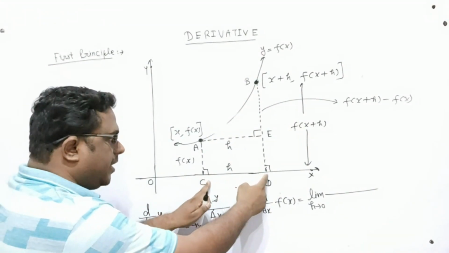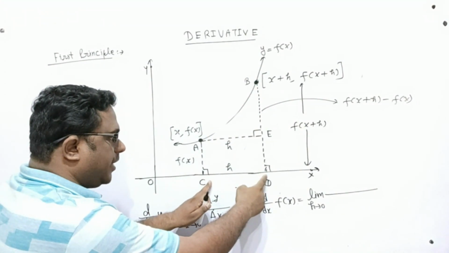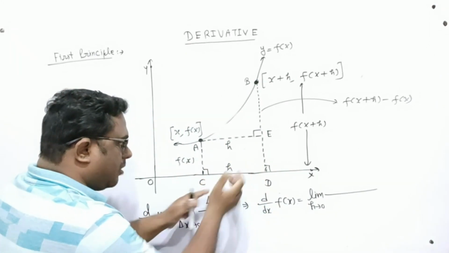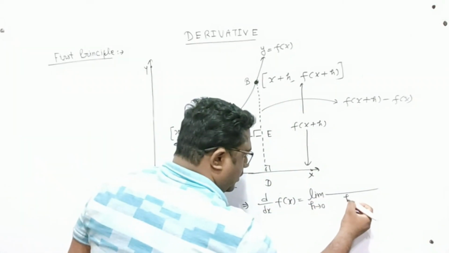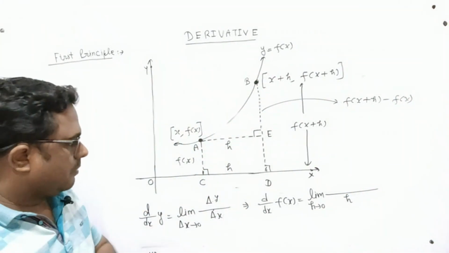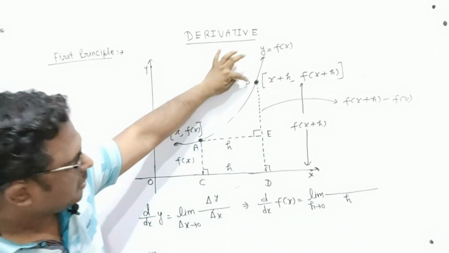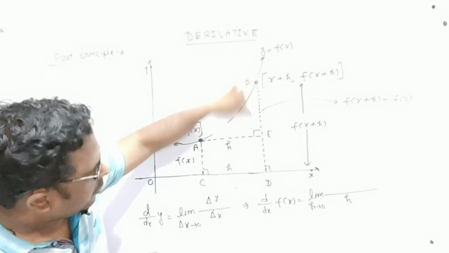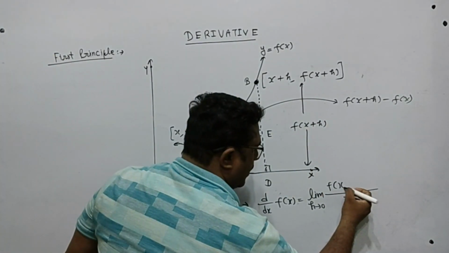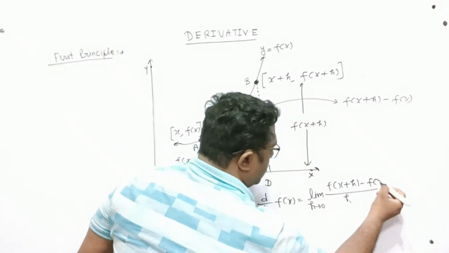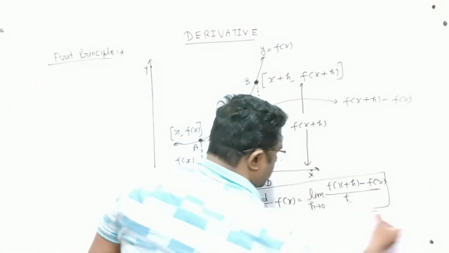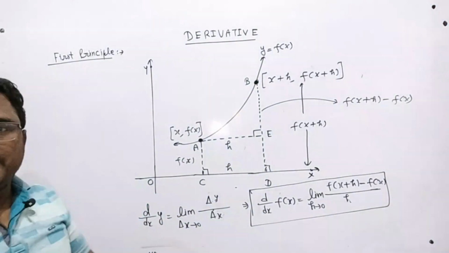This distance CD was represented by delta x in the previous figure, and now this part is being denoted by h. So here h will come. Delta y in the first figure was this BE, and now BE has become f(x plus h) minus f(x). So this becomes the formula of first principle for derivatives.